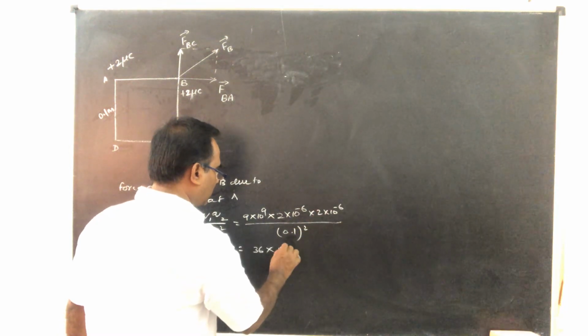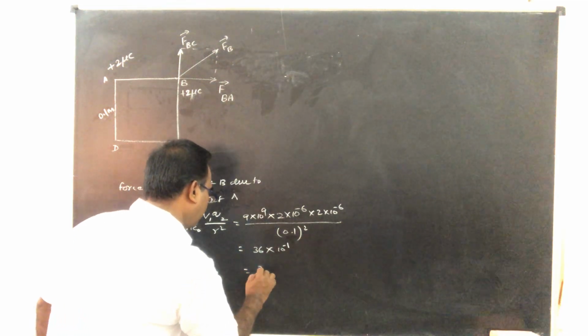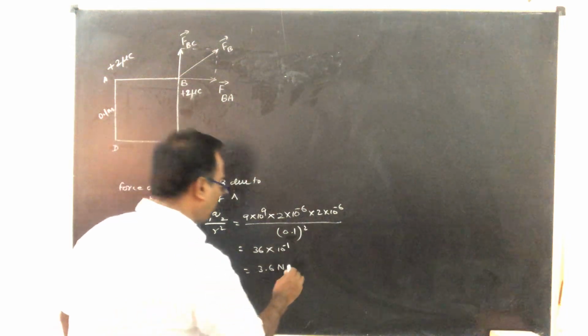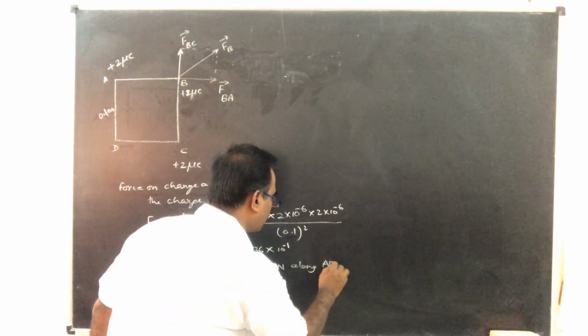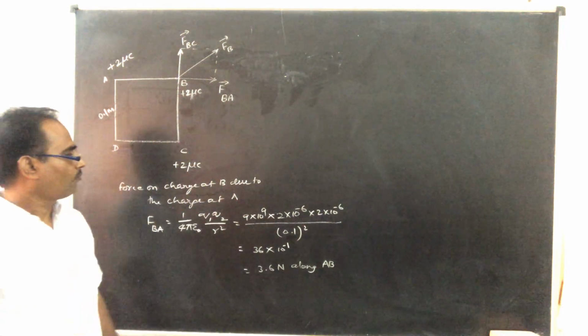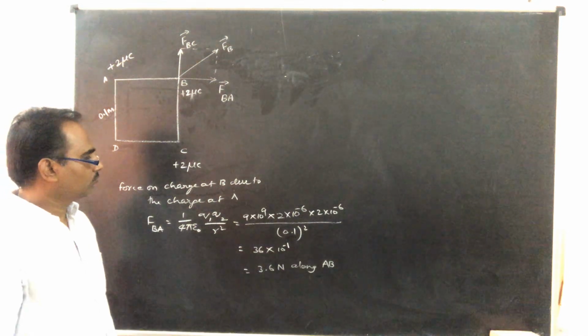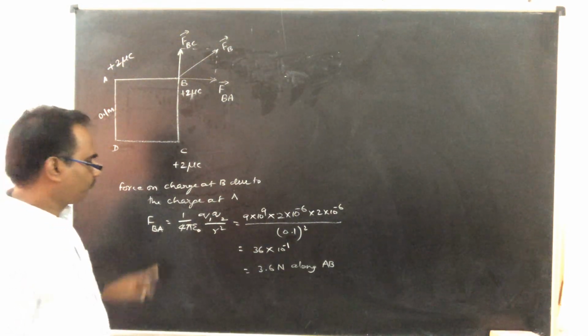So ultimately you will get 10 to the power of minus 1. That means 3.6 Newton. In which direction? Along AB. So this is FBA.